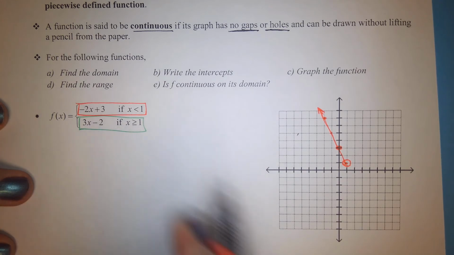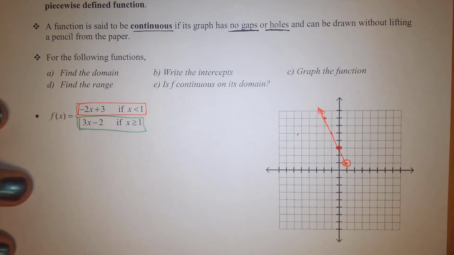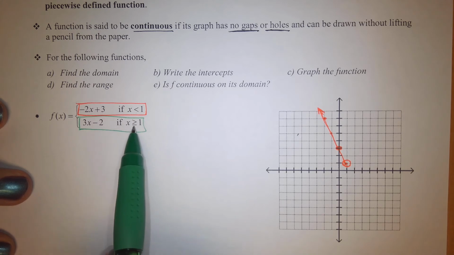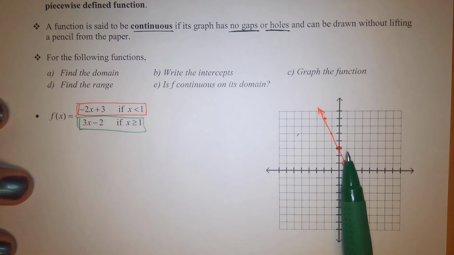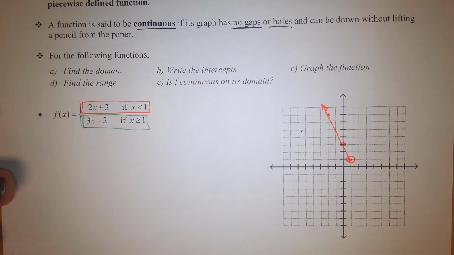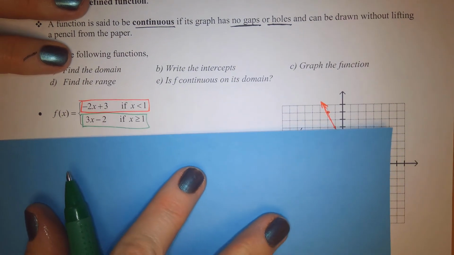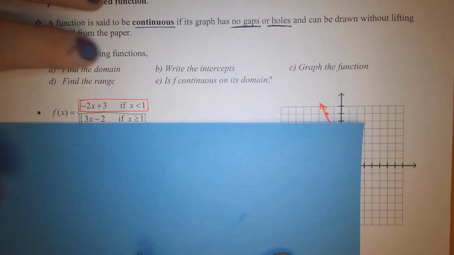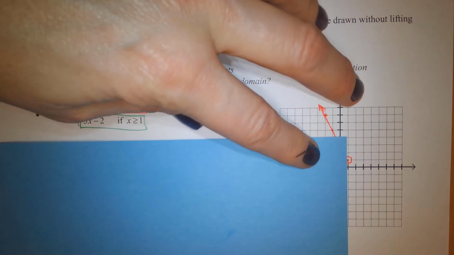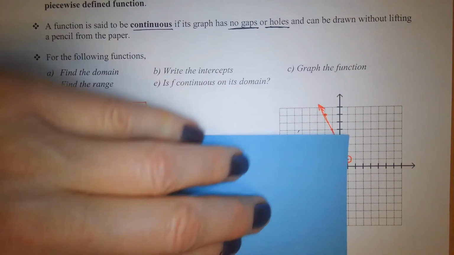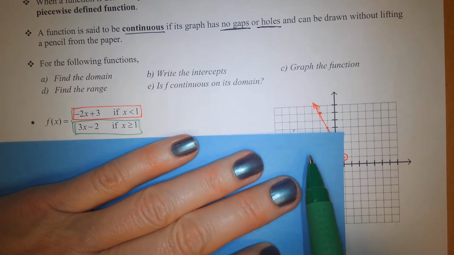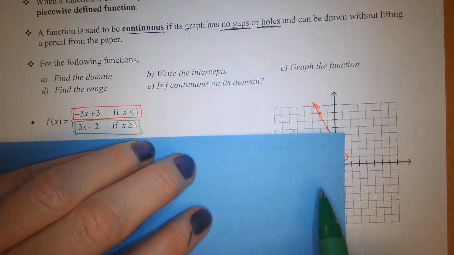Now in this part over here, I'm only looking at the part of the graph that's to the right or greater than or equal to 1. So now I'm looking at this part of the graph. So now I'm only looking at anything to the right of 1. So from here to the right. Okay? So I'm not going to look at anything to the left of this piece of paper.